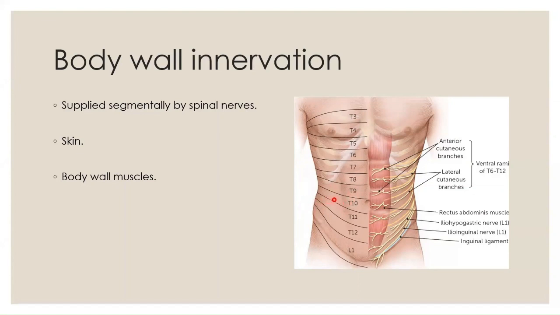If you check the sensation of this part of the patient and if they don't feel anything, you can assume, okay, you can assume that this patient has a problem in the T10 spinal level. So that's the importance of knowing the body wall innervation and the different levels that supply it.